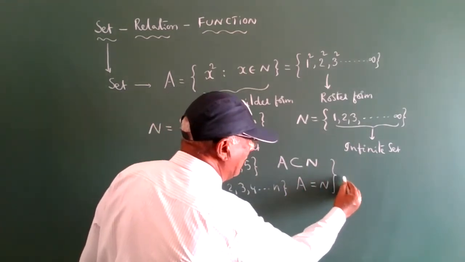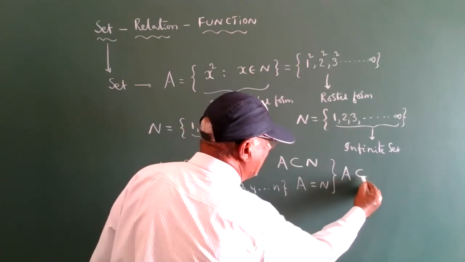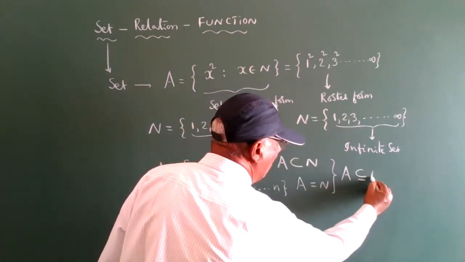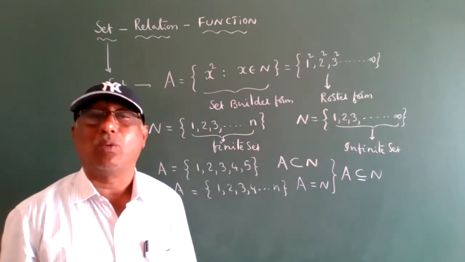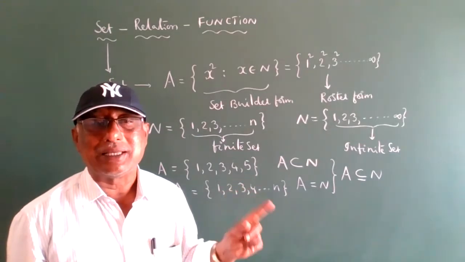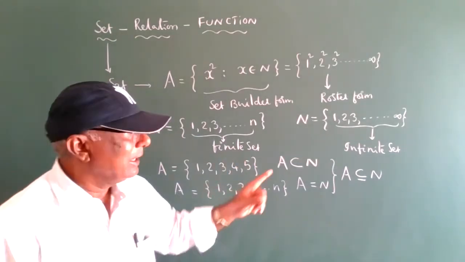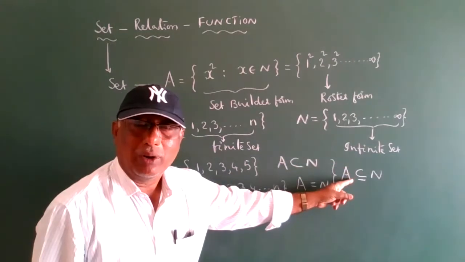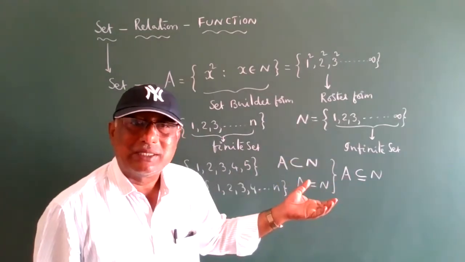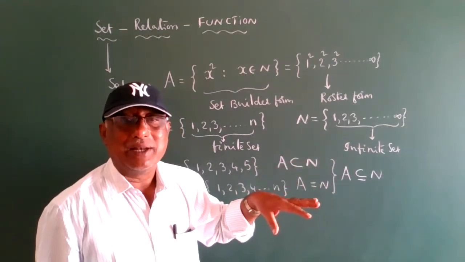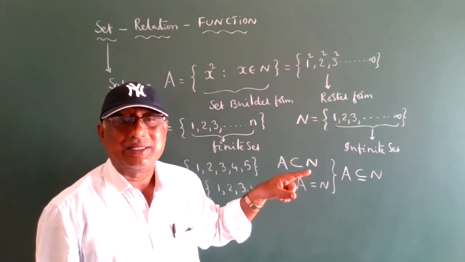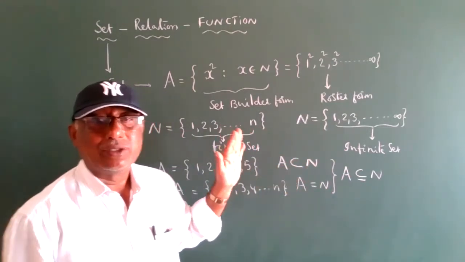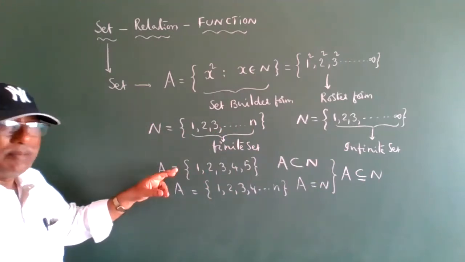Both should be represented as A is a subset of or equal to n. Any one condition should be followed: some elements or all elements. Is it clear, everyone?